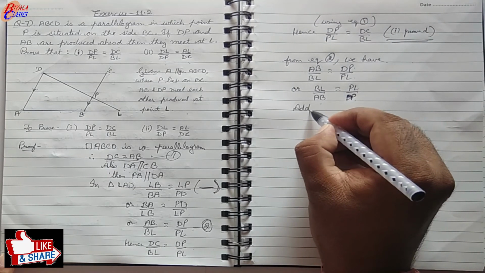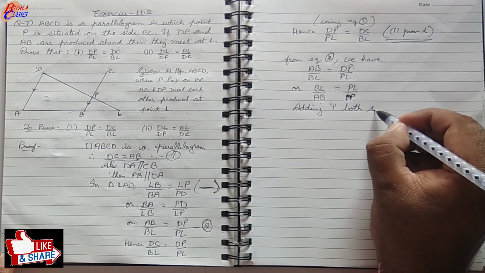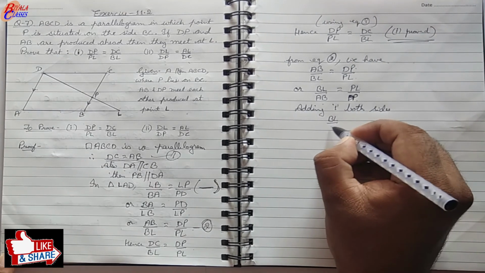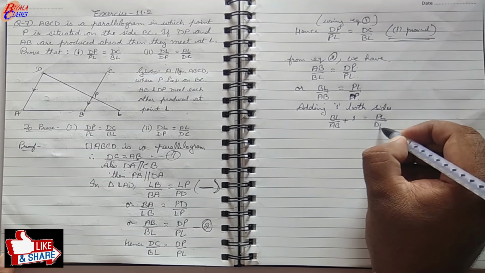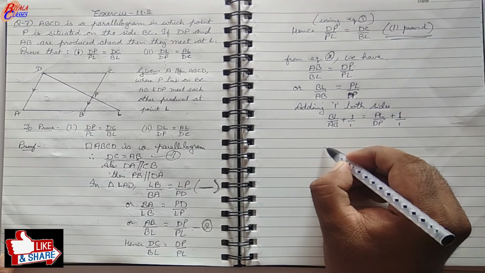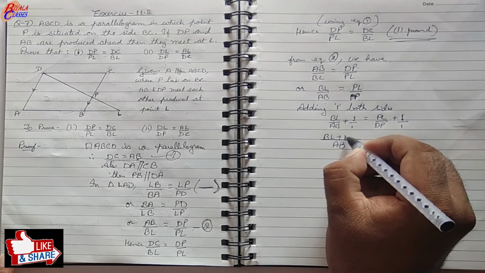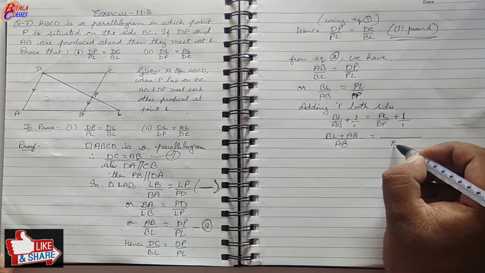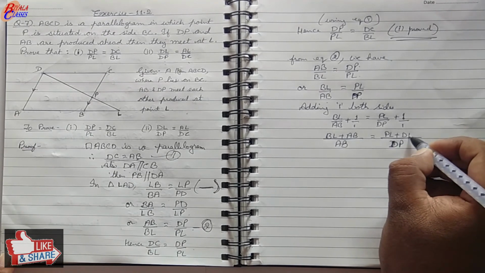Now adding 1 to both sides, what do you get? You get BL upon AB plus 1 equals PL upon DP plus 1. And taking the LCM, the LCM is AB on the left, and you have BL plus AB, equals, DP is the LCM, and you will have PL plus DP.